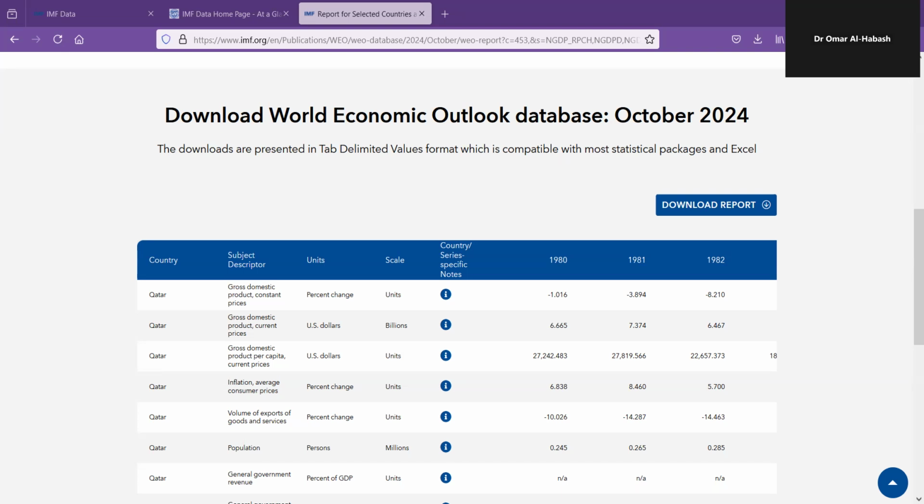Let's have a quick look at gross domestic product. You see here the growth in terms of GDP. Remember, these figures are percentages, and negative years indicate the economy is contracting. Let's go to 2023.